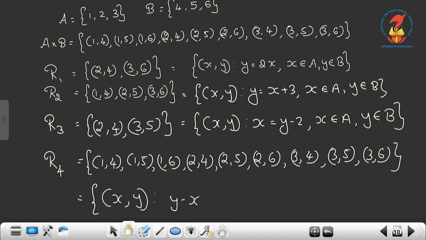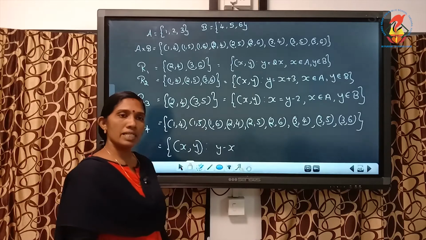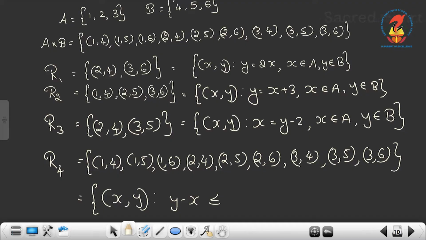So the maximum difference is 5. So I can write y minus x is less than or equal to 5. y minus x is 1 for 4 minus 3, and the maximum is 6 minus 1, which is 5. So I can write y minus x is less than or equal to 5, where x belongs to A and y belongs to B.